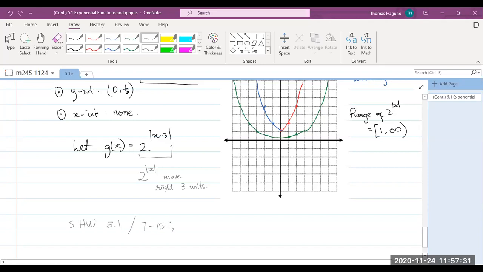And then number 23, 25. What else? Number 31. Just graph it manually. And then number 51 to number 57.